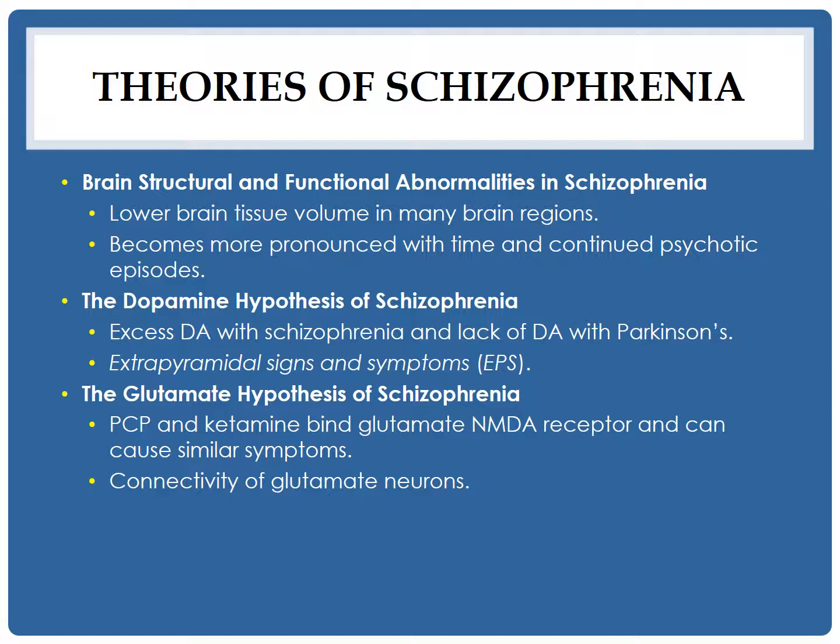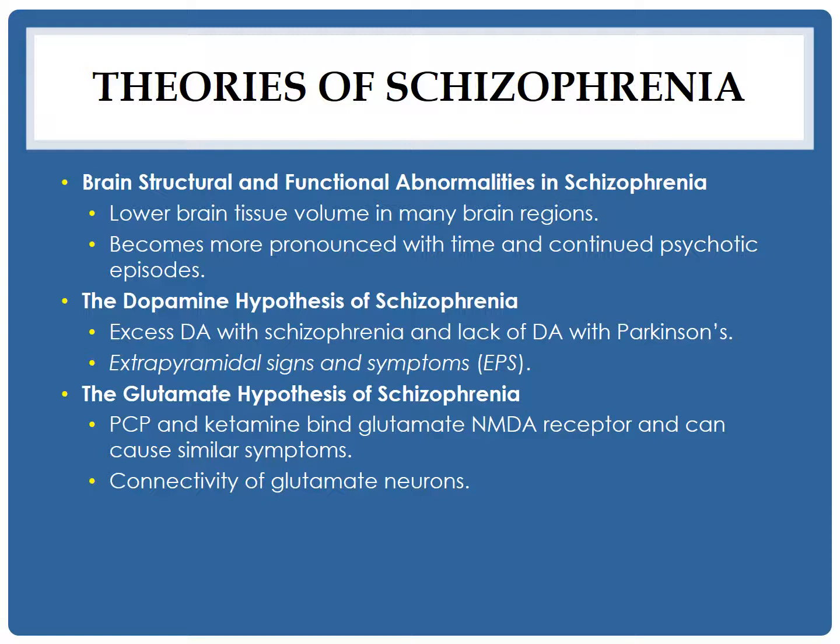The glutamate hypothesis of schizophrenia came about because stimulants, cocaine and amphetamines, can produce symptoms like the positive symptoms of schizophrenia, and PCP and ketamine, two dissociative drugs, produce similar symptoms as well, both the positive and the negative symptoms of schizophrenia.